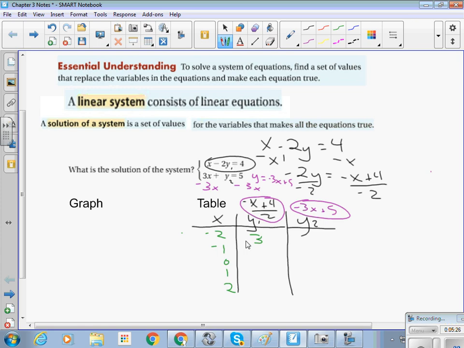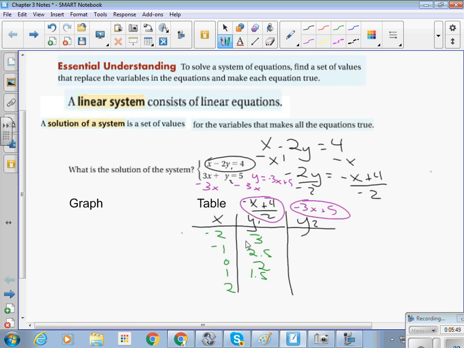Plus 4 is 5. 5 divided by 2 is 2.5. 0 plus 4 is 4, divided by 2 is 2. For 1, put the negative on it. Minus 1 plus 4 is 3. 3 divided by 2 is 1.5.